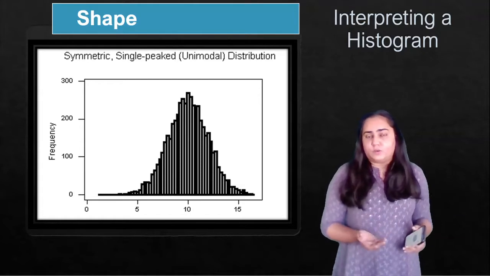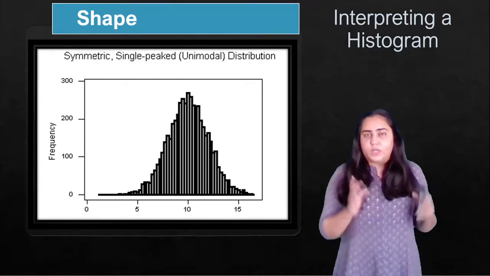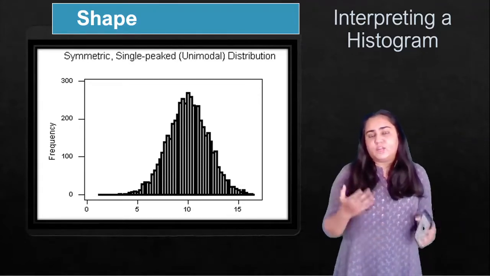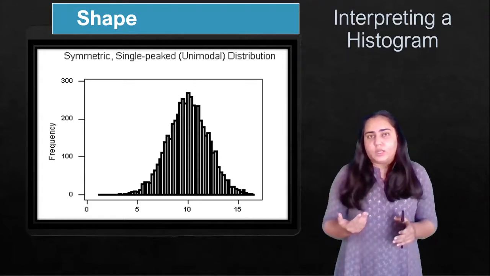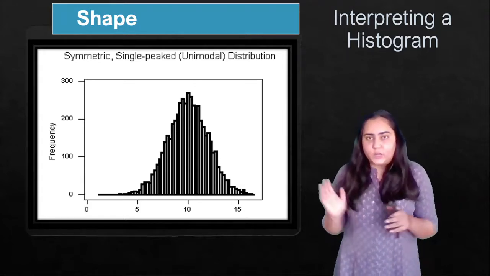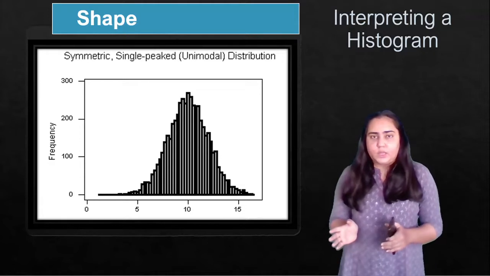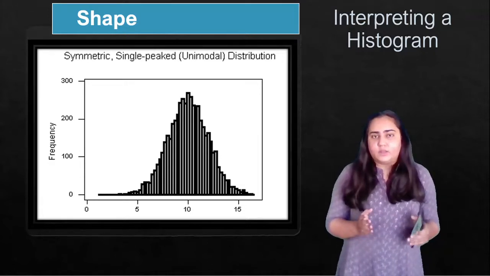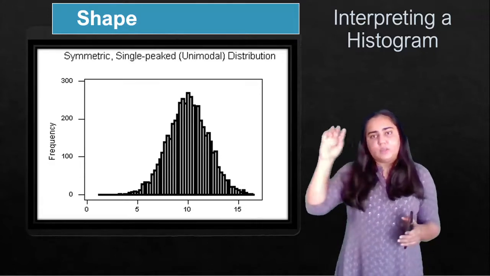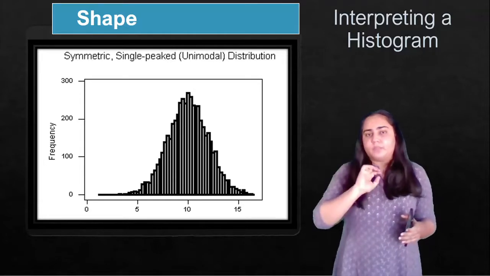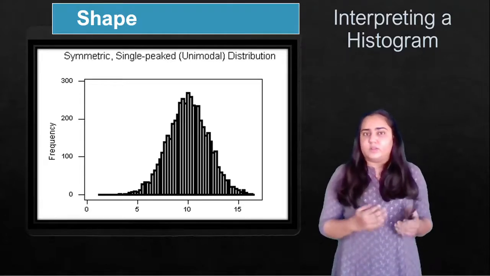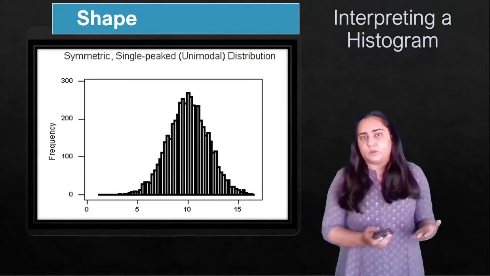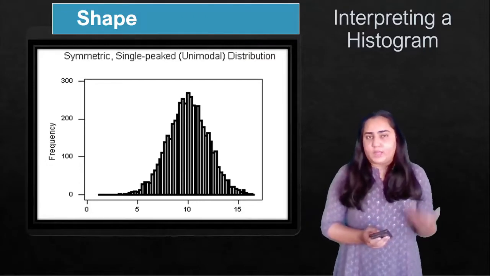The meaning of unimodal is it has only one mode. Now, mode is the most frequently occurring value in a data set. So in this histogram, the most frequently occurring value is the one that you see right on the top, which is the peak. And there's only one peak, so that means there is only one mode. So this is a unimodal histogram, and it is symmetric.